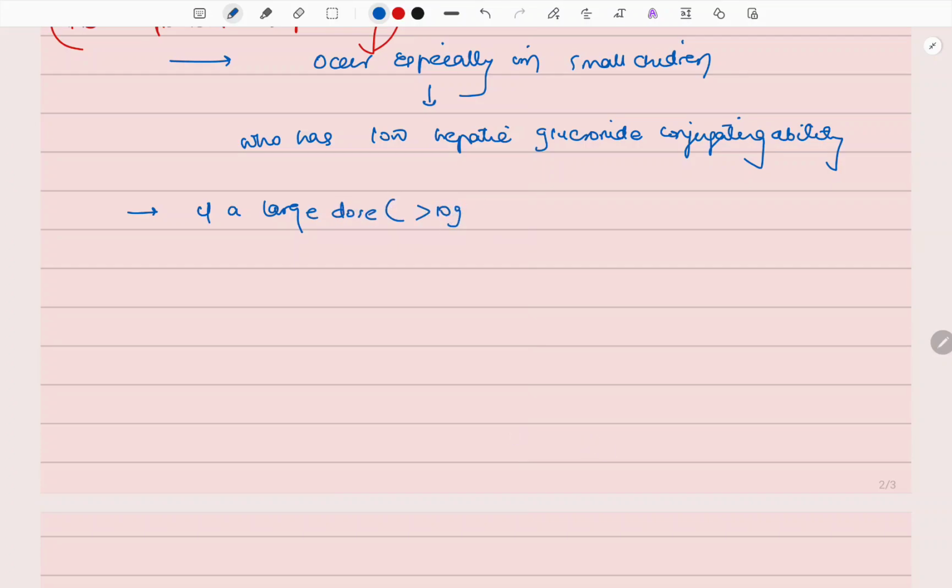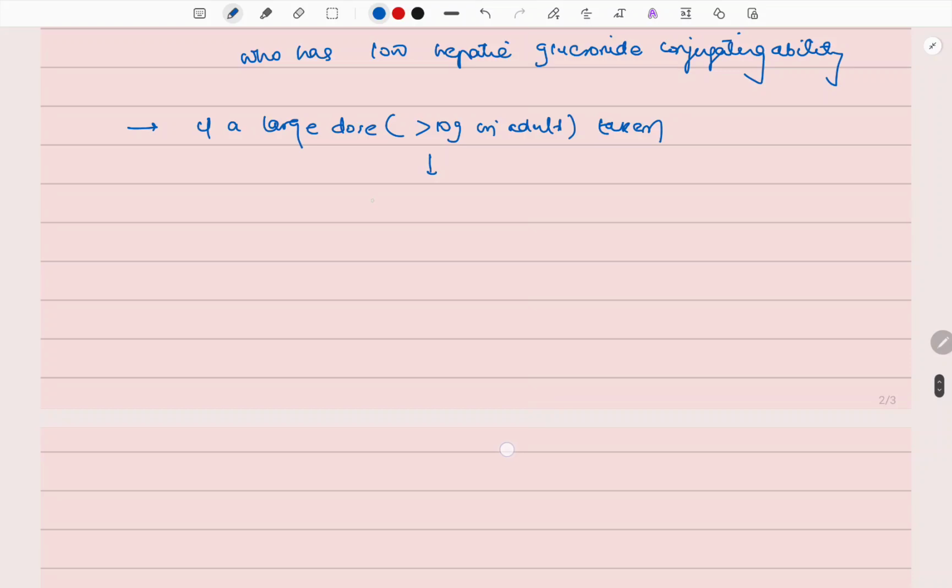Greater than 10 grams in an adult, then serious toxicity can occur.